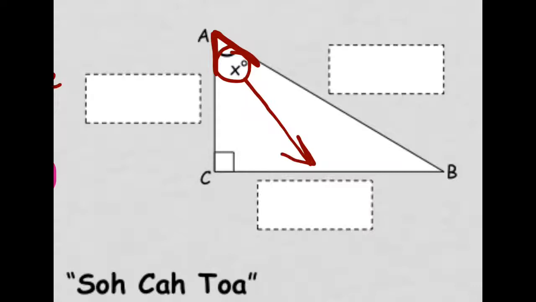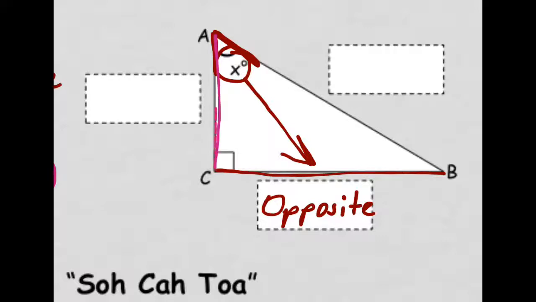The side on the other side of the triangle is BC, and now that's the opposite side. And the side that touches this angle now is the adjacent side. So now AC is the adjacent side. And finally, the one that always has the same name is still the hypotenuse.